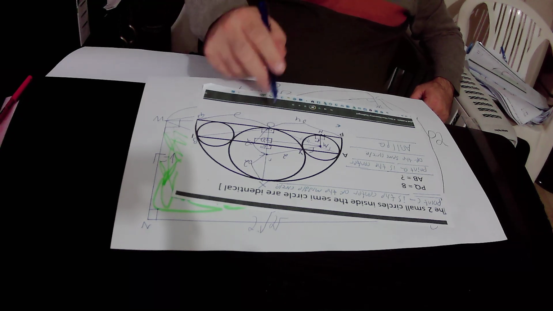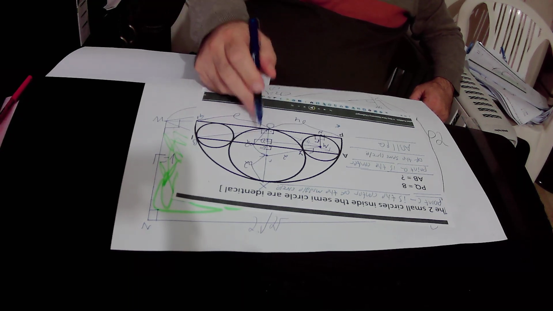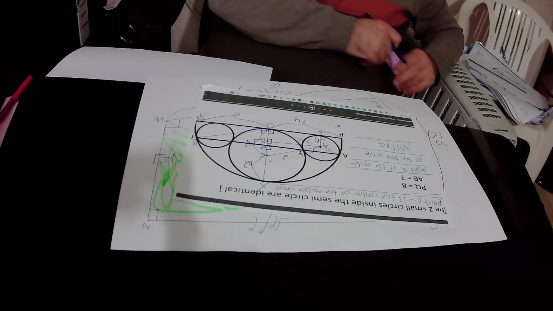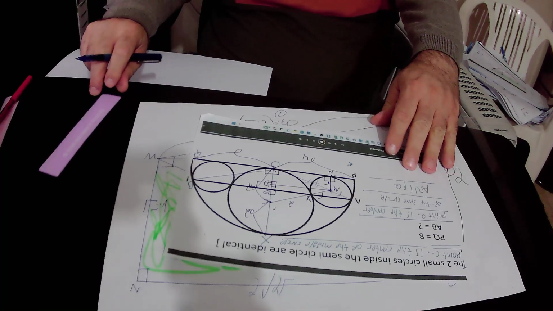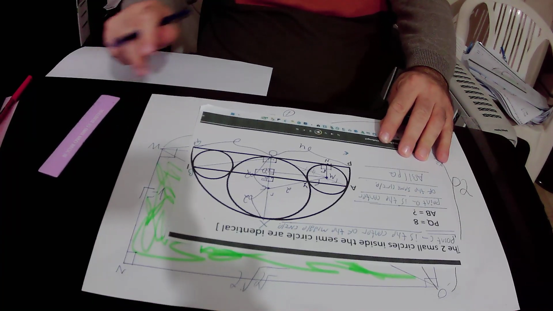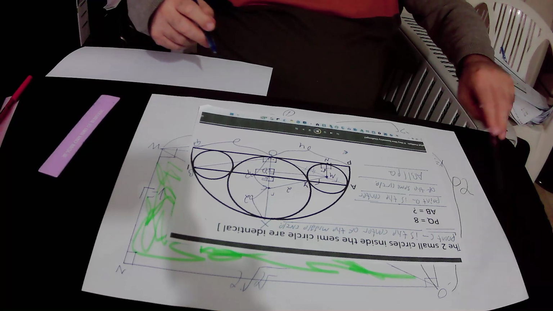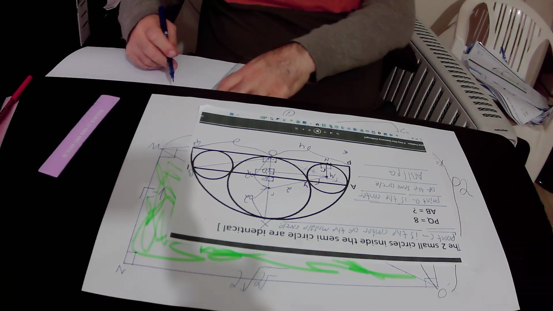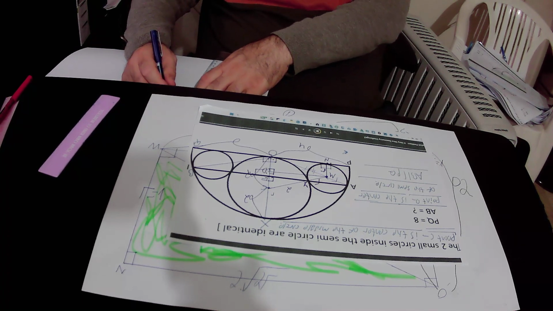So I will copy again this right triangle, triangle OEB, and we will find all the sides of the right triangle, triangle OEB. So we have the right triangle, triangle OEB.